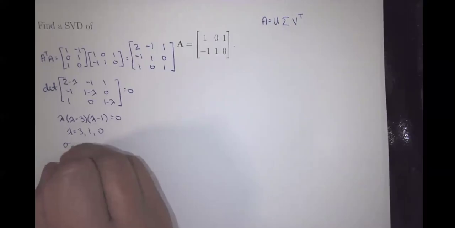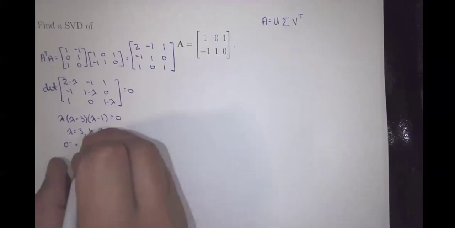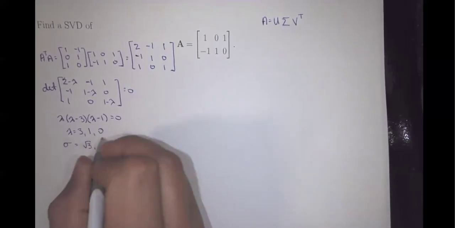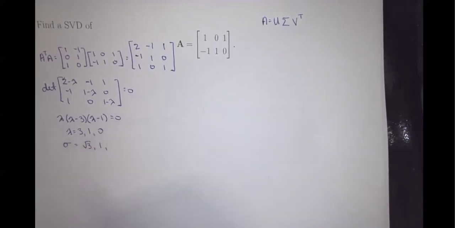So our sigmas are going to be root 3, 1, and we're not going to have a 0, but we'll hang on to it anyway.